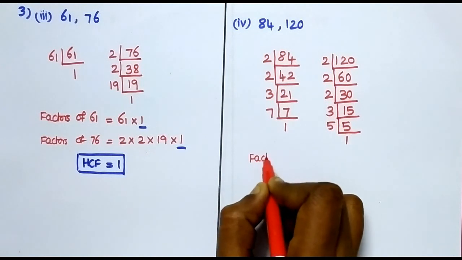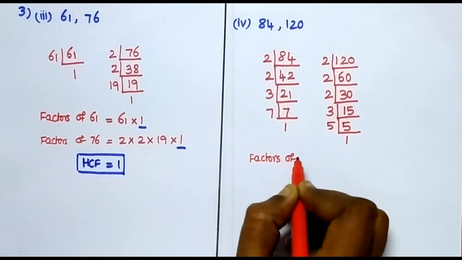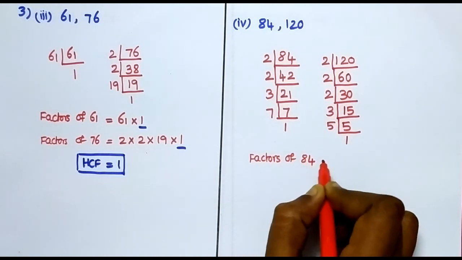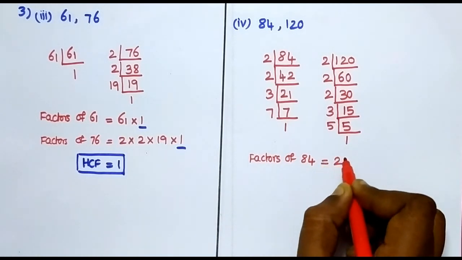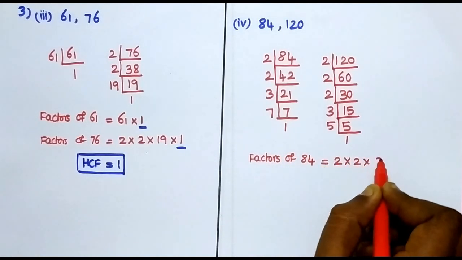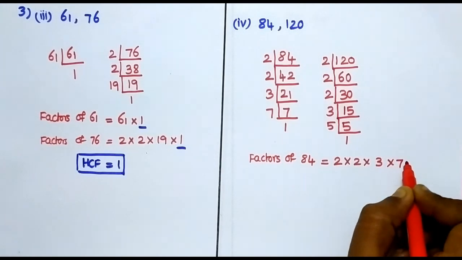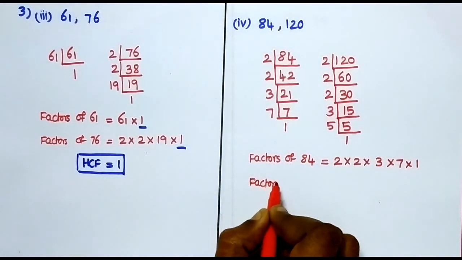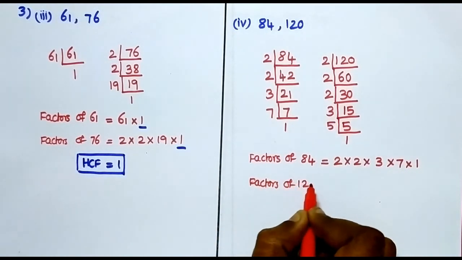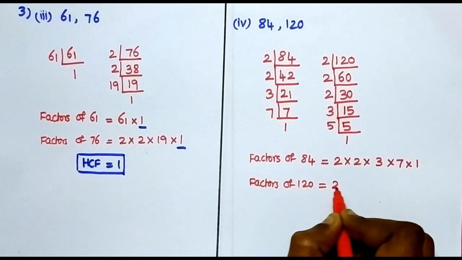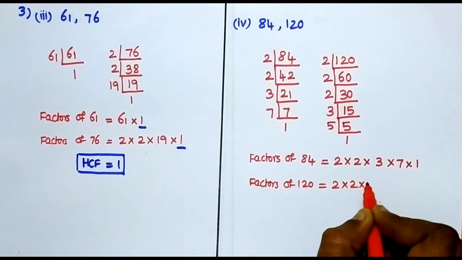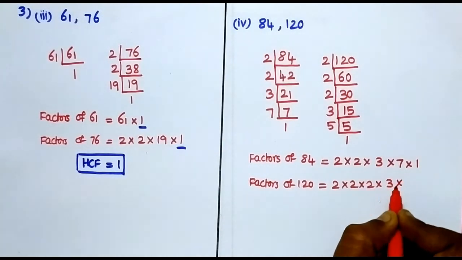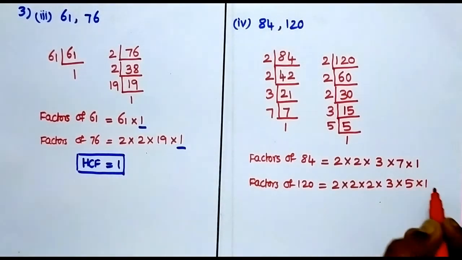Now write the factors of 84. 2 into 2 into 3 into 7 into 1. Factors of 120 equal to 2 into 2 into 2 into 3 into 5 into 1.